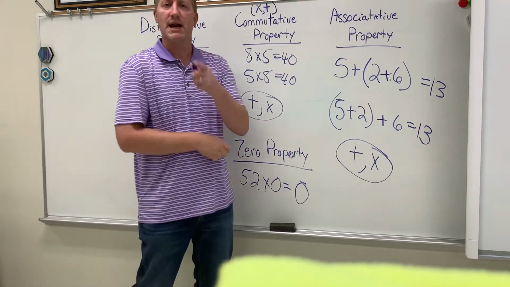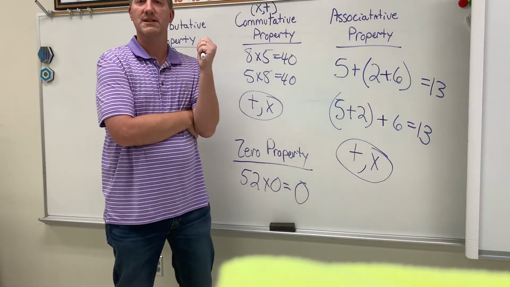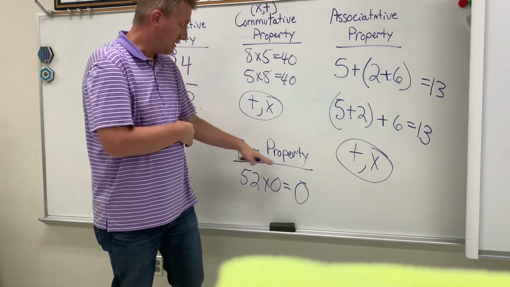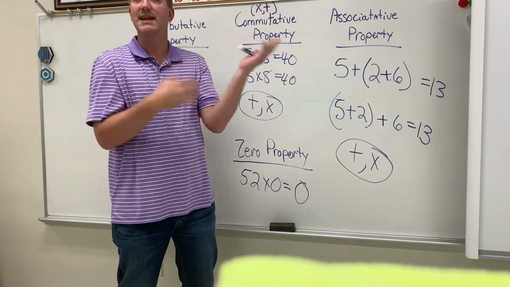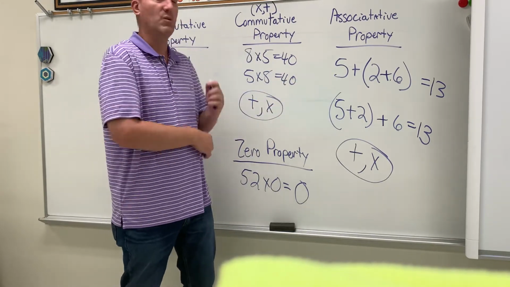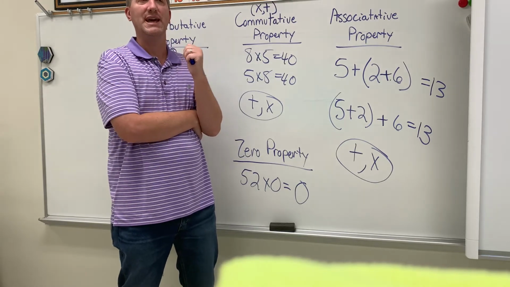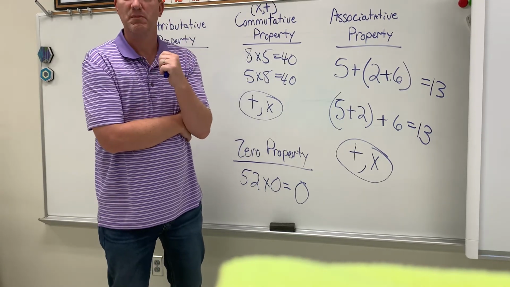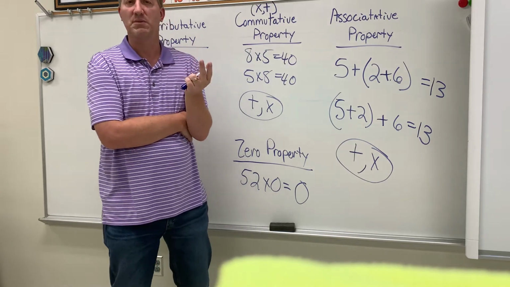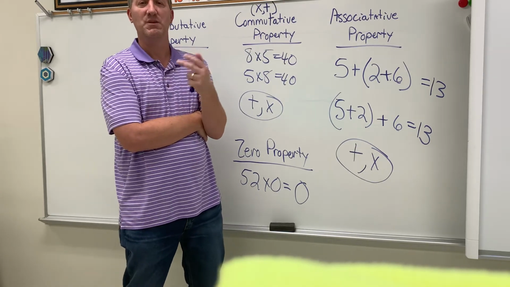I used to kid around with my son back when he was about 5 years old. I told him about the zero property, and I said anything you multiply times 0 is 0. So I would quiz him every once in a while. I would go, hey Kason, see if you can get this multiplication problem right. And you know, he knew his multiplication facts, so he thought he was pretty smart.